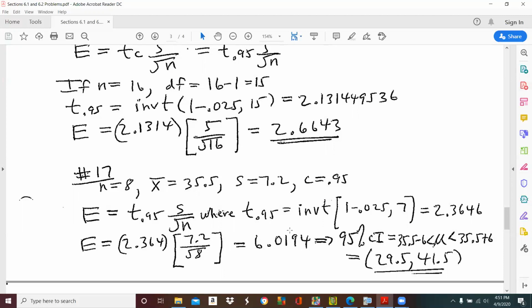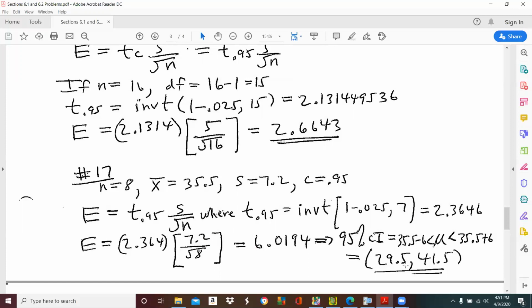Our mean is 35.5. Now, by the way, I'm rounding this all to 1 decimal place, so it's going to be 6.0. When I subtract 35.5 minus 6.0, in other words, I'm subtracting the margin of error from the mean, that's what I get here on the left.